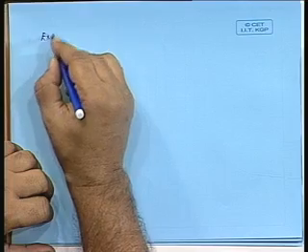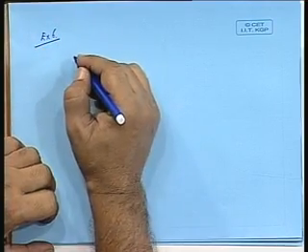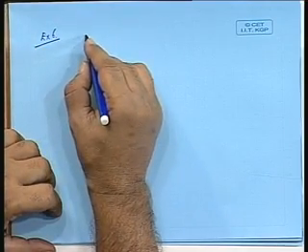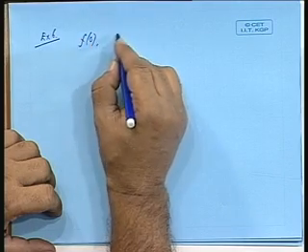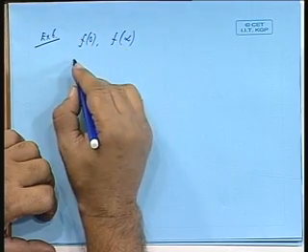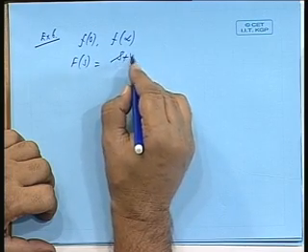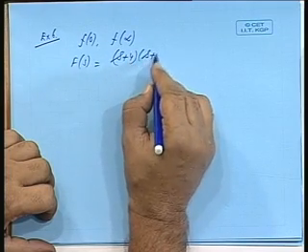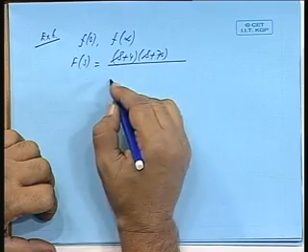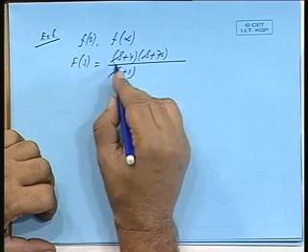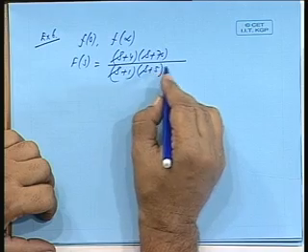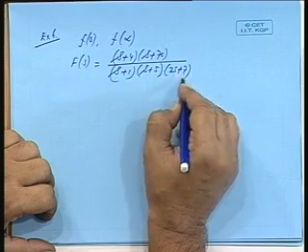Next, we have a question on Laplace transform again. Determine the initial and final values of the function whose Laplace transform is given as (s plus 4) into (s plus 70) divided by (s plus 1) into (s plus 5) into (2s plus 7).